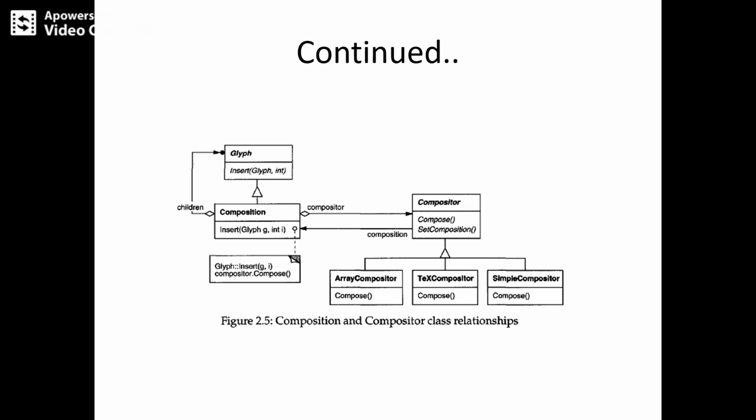Then we take the Compositor operation, followed by Compositor compose, which is the composition of the children classes. These are taken into three different children classes: ArrayCompositor, TextCompositor and SimpleCompositor.